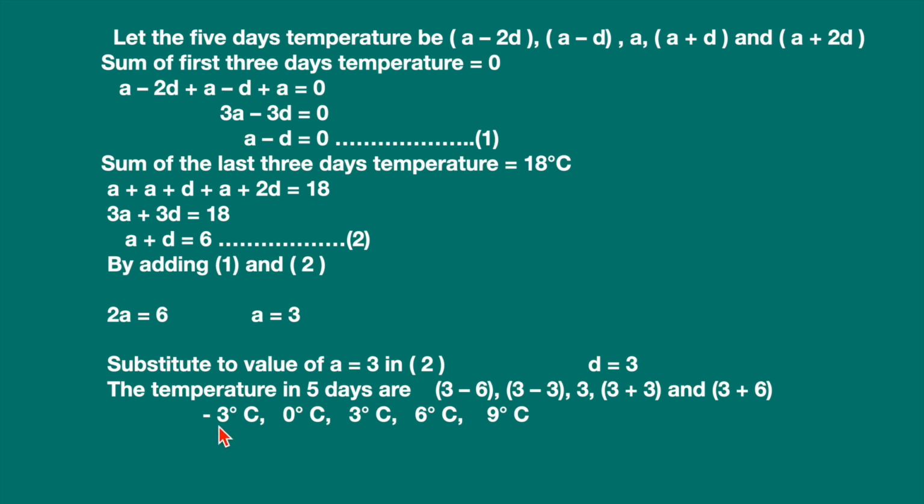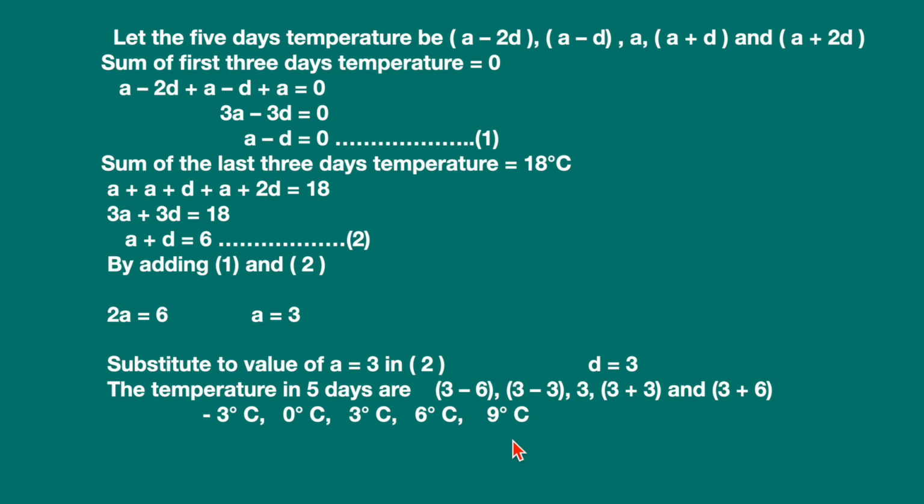See, here it is. First temperature, minus 3 degrees. Then the next day, A minus D. A is 3, D is also 3. So 3 minus 3 is 0, 0 degrees. Third day, A, that is 3 degrees. Fourth day is A plus D, which is 6 degrees.